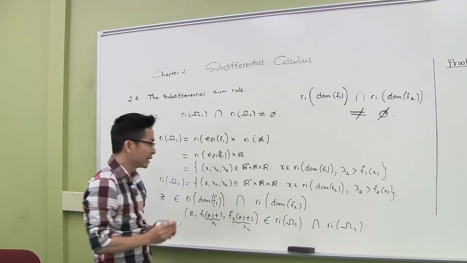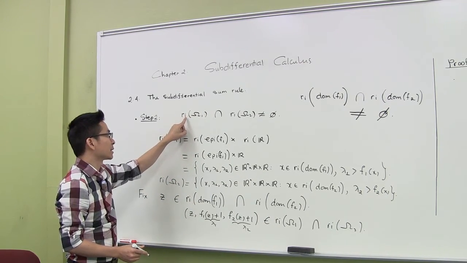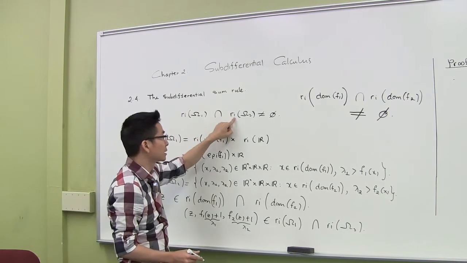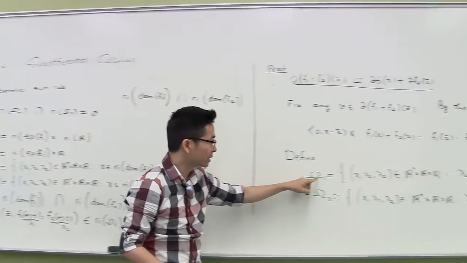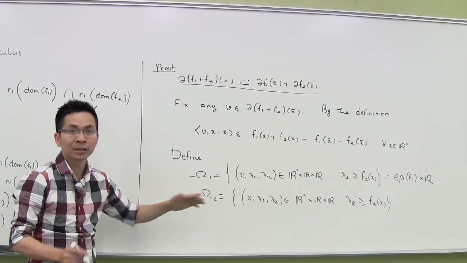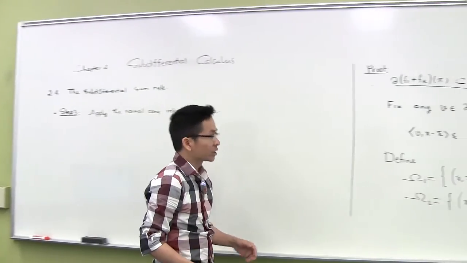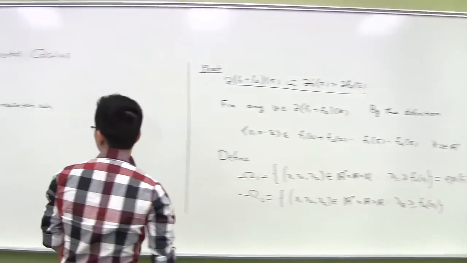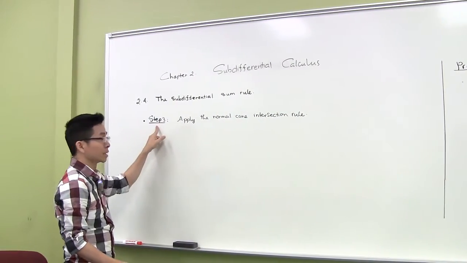So we have completed the proof of the second step, that is the intersection of the relative interior of omega 1 and the relative interior of omega 2 is non-empty, where omega 1 is defined by this formula and omega 2 is defined by this formula. Now let me finish the proof of this inclusion by applying the normal cone intersection rule in the third step.